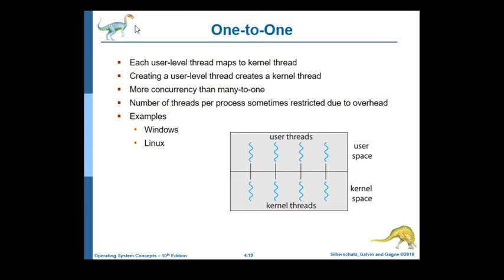The only drawback for this model is that creating a user-level thread requires creating a corresponding kernel thread. Thus, a large number of kernel threads may burden the performance of a system. For example, Windows and Linux use this type of model.